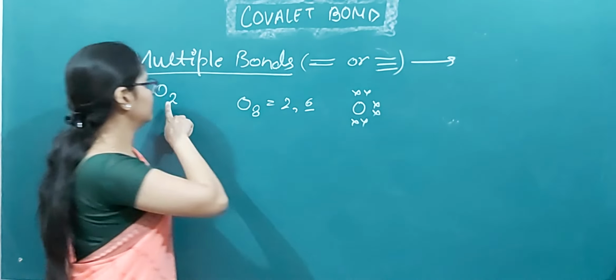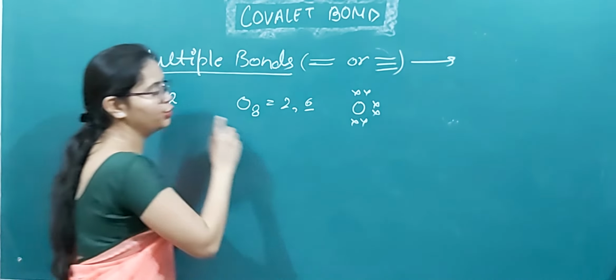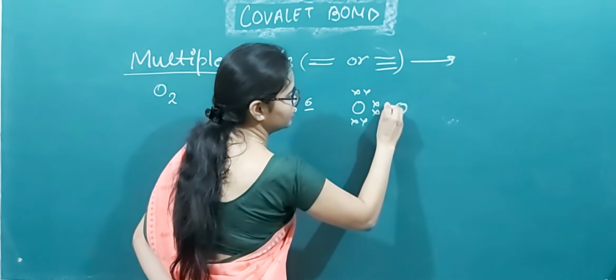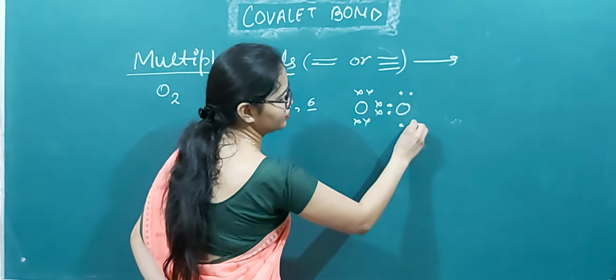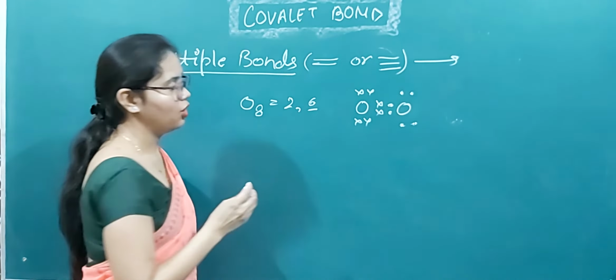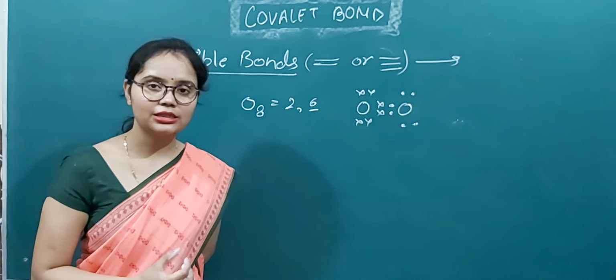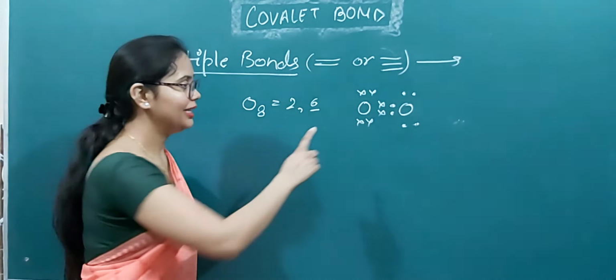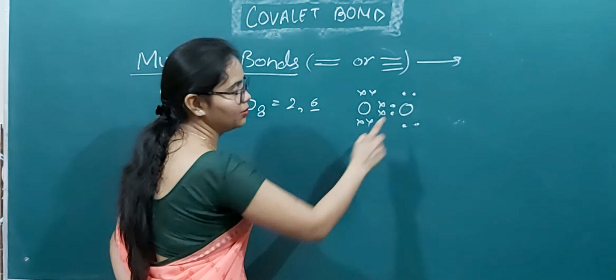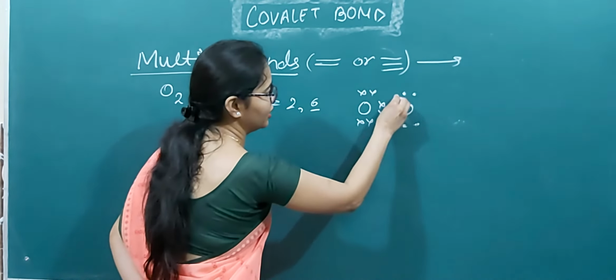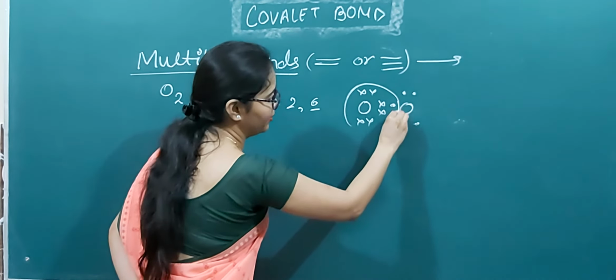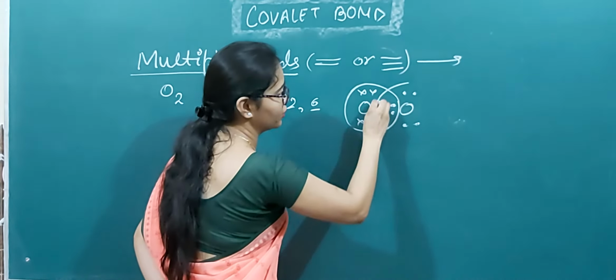Now for the second oxygen atom, suppose these are the electrons of the second oxygen atom. As each oxygen atom already has 6 electrons, each needs 2 more electrons to complete its octet. So they can do so by sharing 2 pairs of electrons like this.